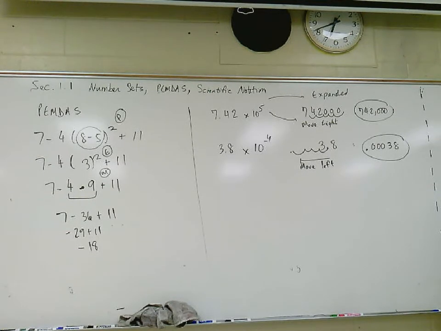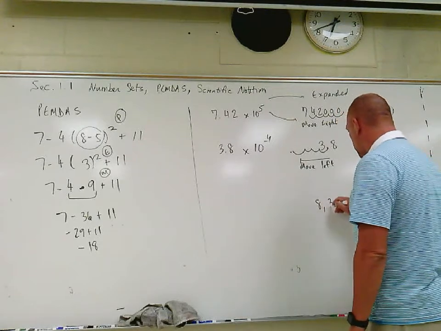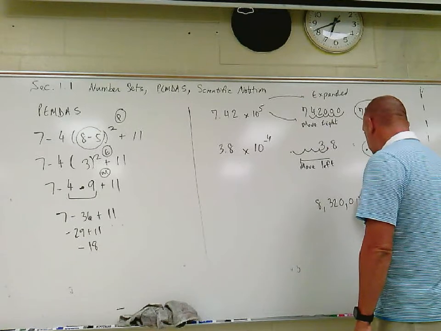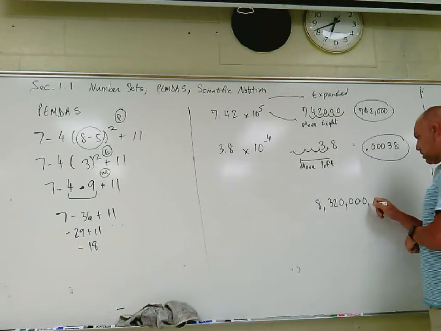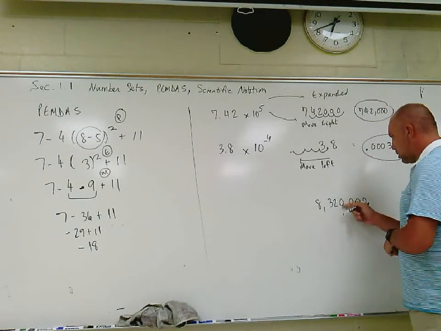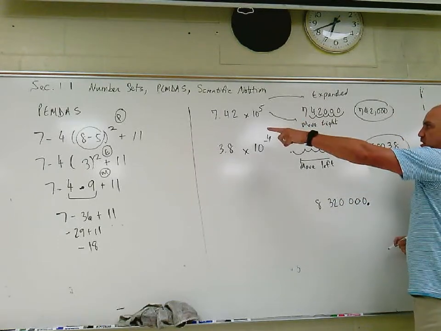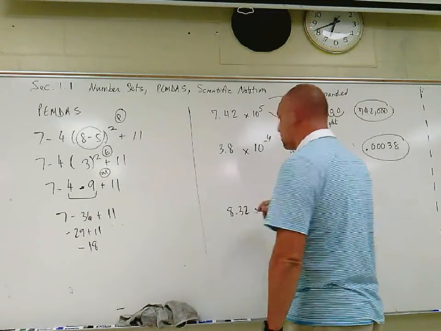Then the other part is going from expanded form back to scientific notation. So let's say I have 8,320,000. This is the number I have, okay? So right now my decimal point is here. So let's think backwards for just a second. In scientific notation, you know it's going to be 8.32 times 10 to the something.